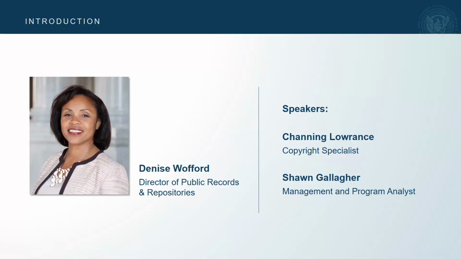The new Validator tool is an interim solution that has been developed to ease the process of submitting ETLs until the Copyright Office releases a more robust solution with a modernized recordation system currently under development to be released in the future. Channing Lawrence and Sean Gallagher will describe in detail the benefits of ETLs and how to use the new ETL Validator tool. Now I will turn the presentation over to Channing Lawrence, who will describe the benefits of ETLs.